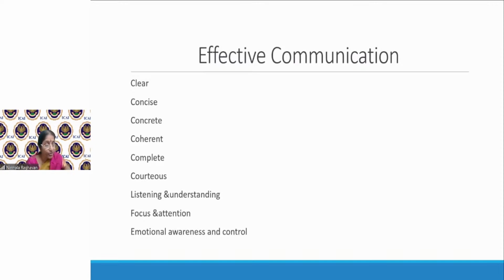Coherence is one after the other in a sequential order. Concreteness is the depth of the message that we are conveying. Here I am discussing the communication chapter in detail, in depth.